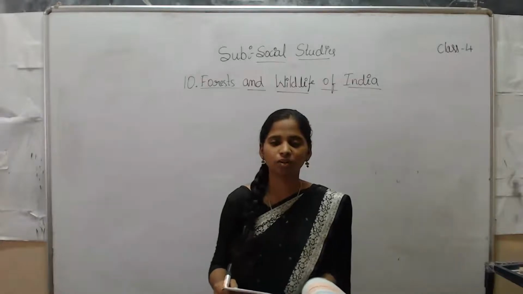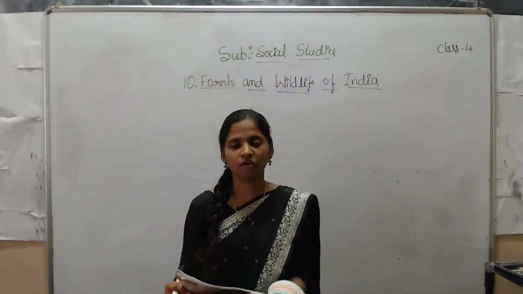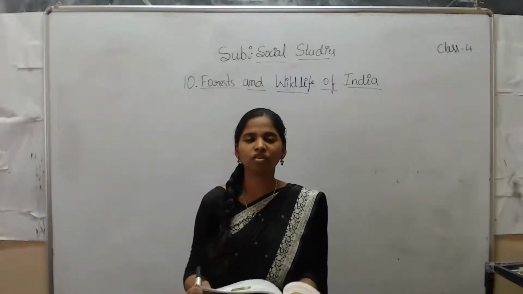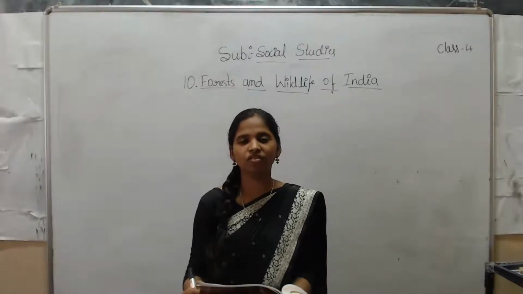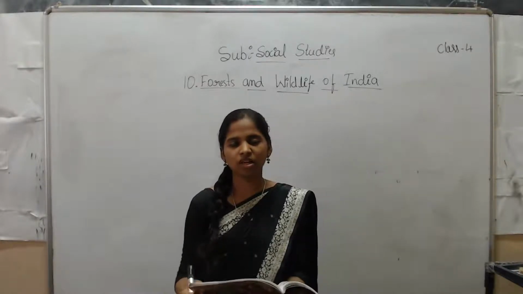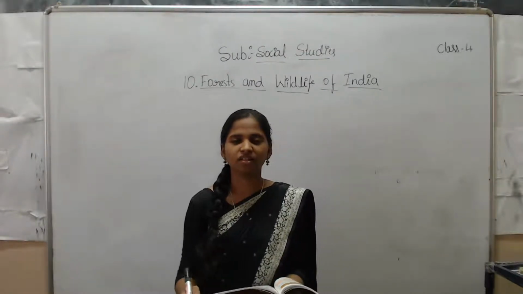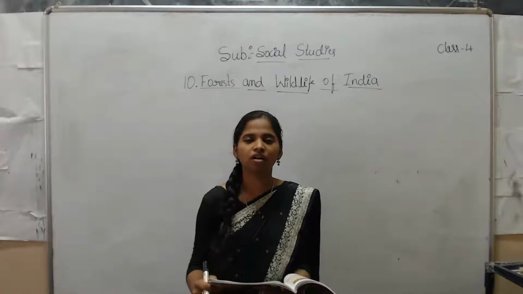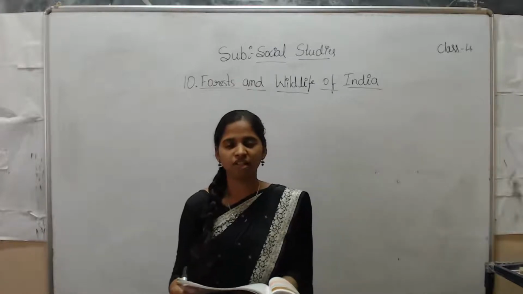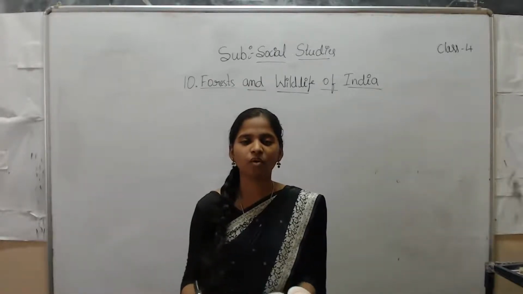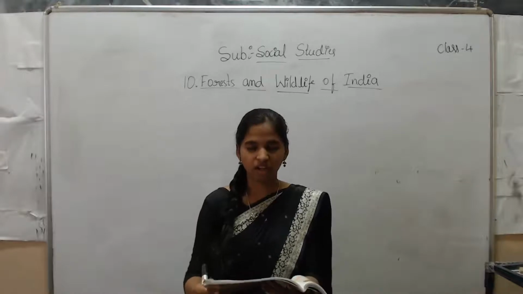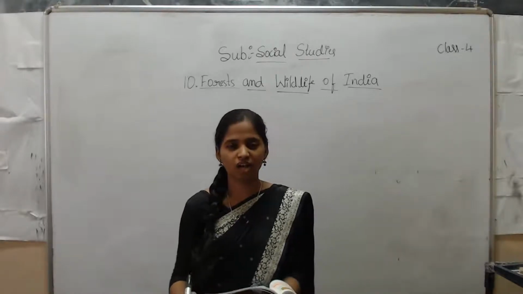The minerals and good things present in the soil get washed away and there will be non-fertile land. If there is a forest, these trees hold the soil tightly, hence there will be no non-fertile land, it will be fertile land only. The trees help to hold the soil together and prevent soil erosion.